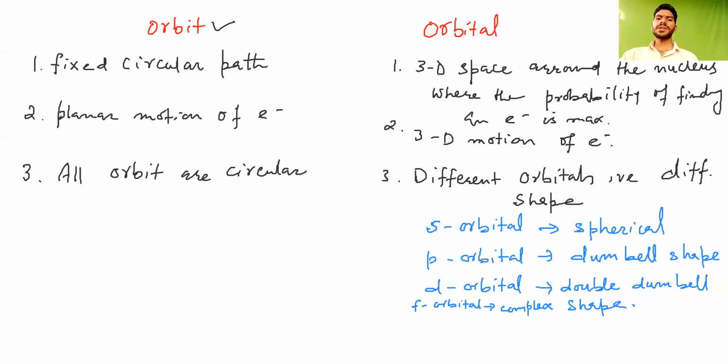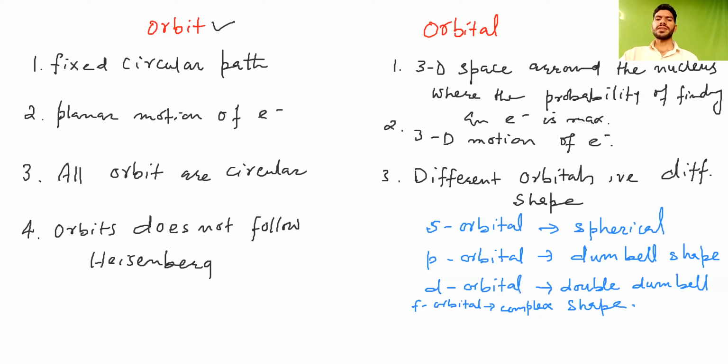Okay, the next difference which you can remember between orbit and orbital is that an orbit does not obey Heisenberg's uncertainty principle, right? We have discussed this principle. What does it state?